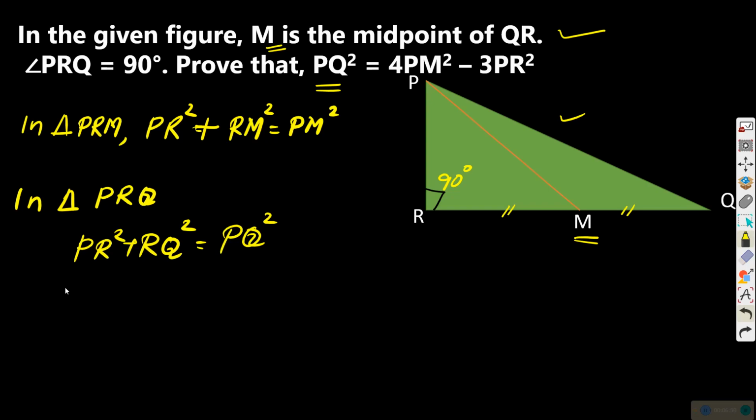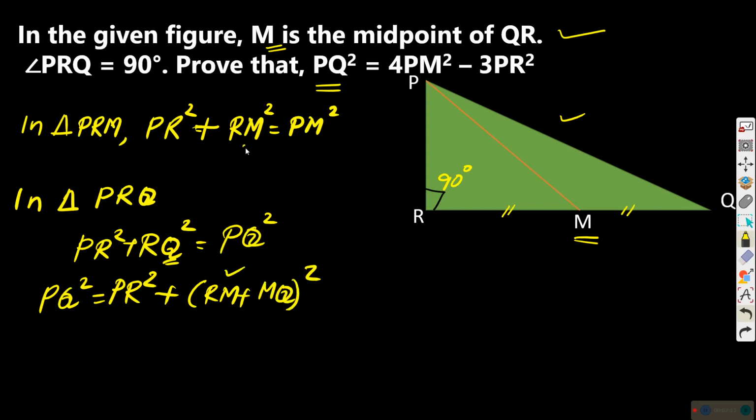Now we have to connect this because we have to get PQ square is equal to. We will write in the format of PQ square. Now PQ square is equal to PR square plus RQ square. PR square is there in the first equation also. RQ square can be written as RM plus MQ square because RM is a part of our proof.